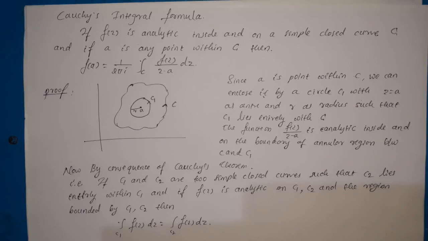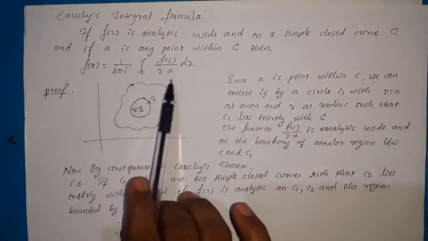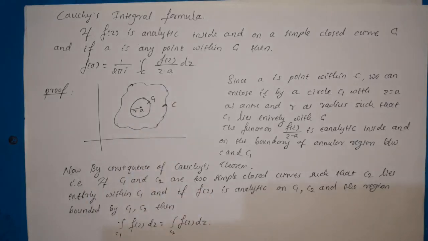Here 1 by 2 pi i is a constant, and the function should be of the form f of z divided by z minus A. Here A is the center of the circle, because we know that the equation of a circle in the complex plane is given by mod of z minus A is equal to r. Then z minus A is equal to r into e power i theta. That we have discussed in the previous class. Now let us prove this one.